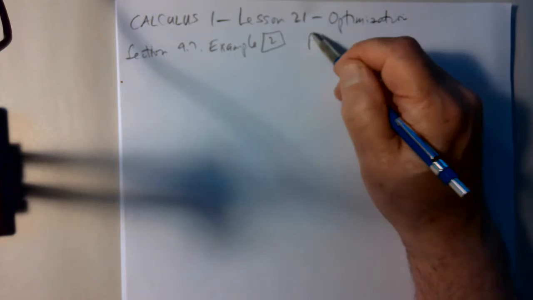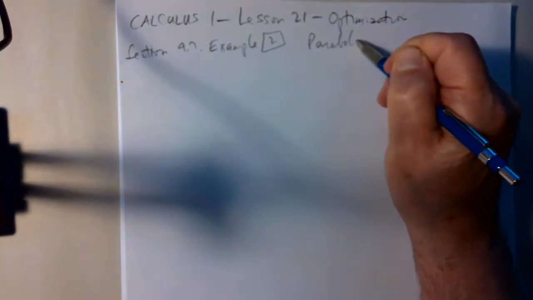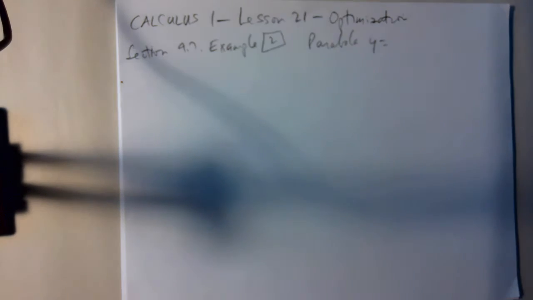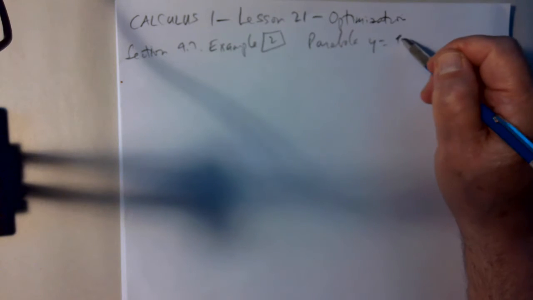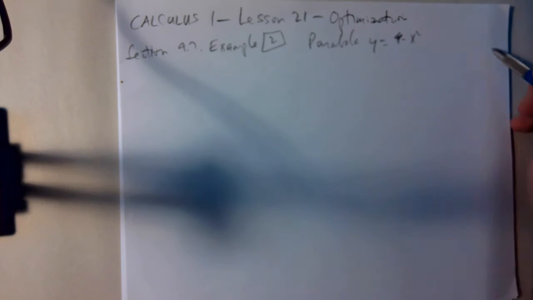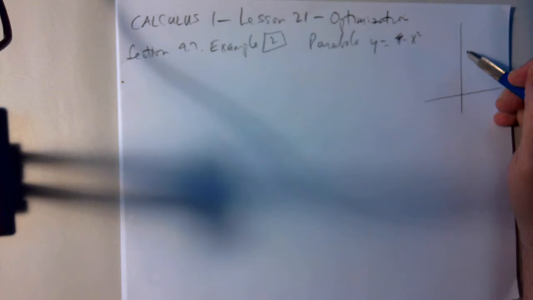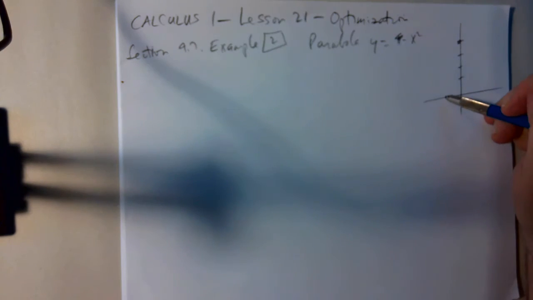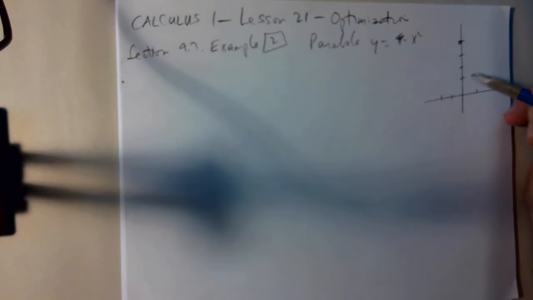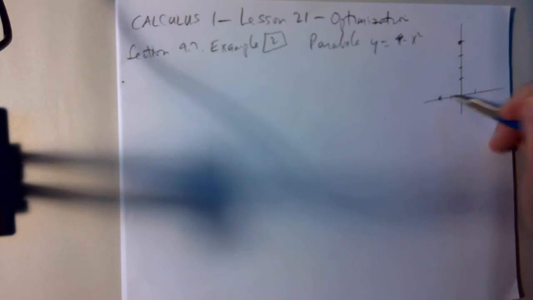So we have the parabola y equals 4 minus x squared. So this is a parabola with the vertex at 4, opening down. This is 0 when x is plus or minus 2.